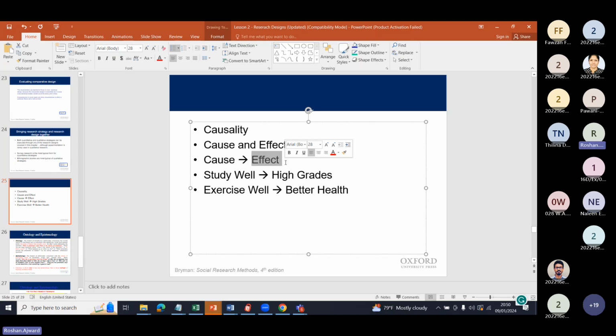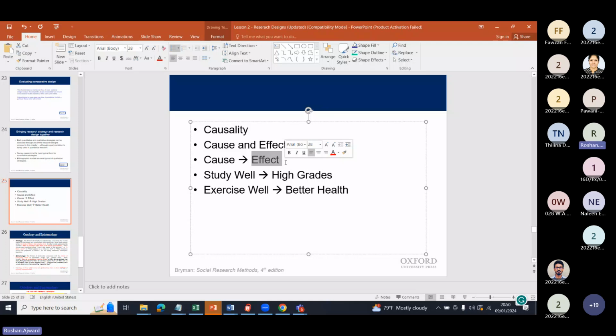Now in the earlier example, what's the cause? The training program. What's the effect? Marks. So you can very well see how the training program affects marks.